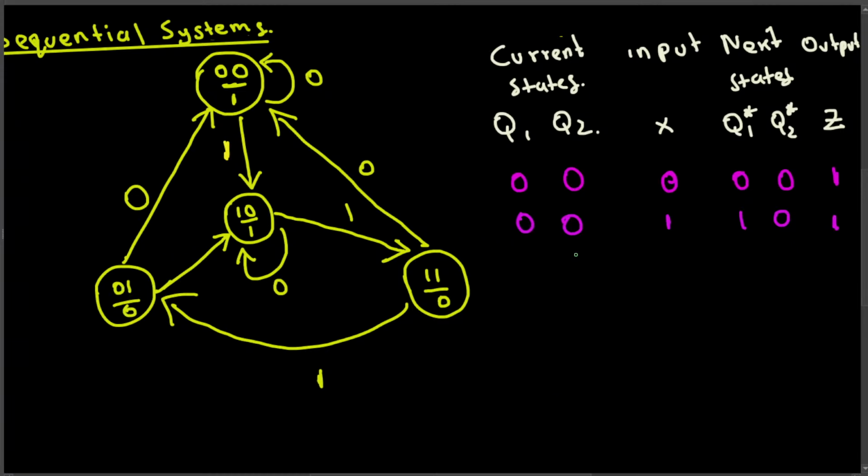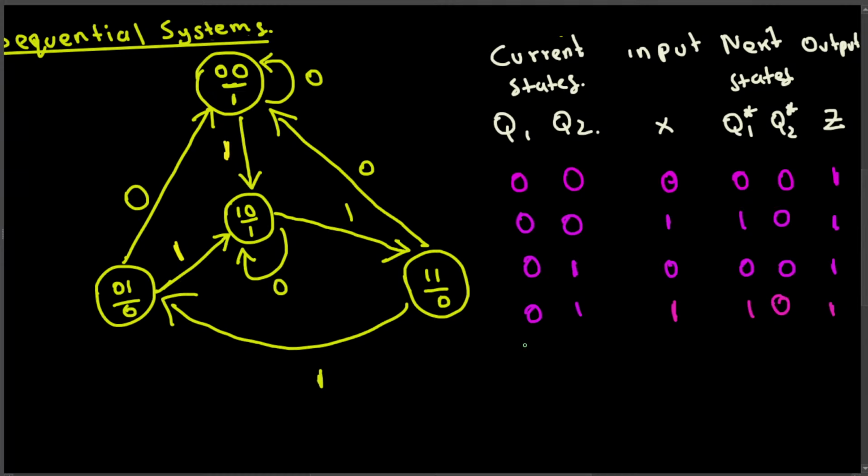Here we have 0 1. If you input 0, it's going to 0 0. So 0 0 0, and there we have the output of 1. And if you input 1 for this, this one should be 1 as well. So if you input 1, it's going to 1 0, and the output there is 1.